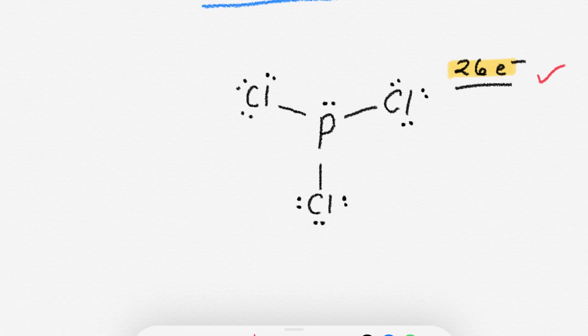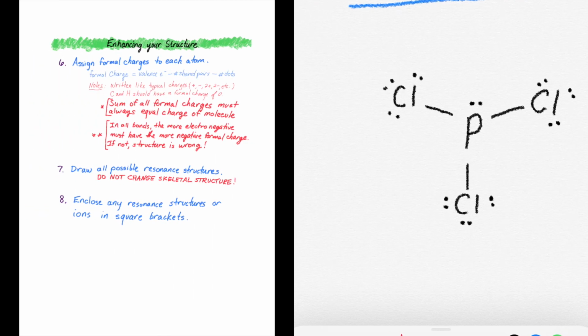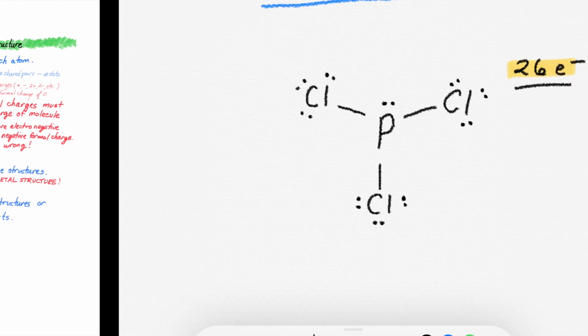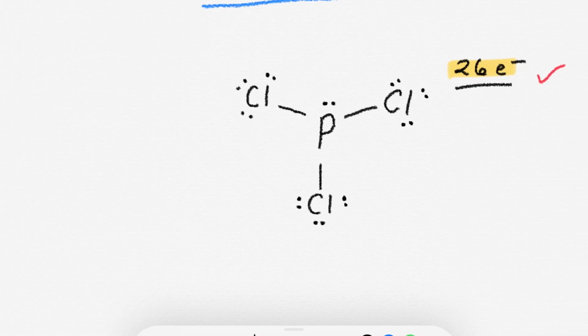Now that we are done with this, we can move on to our final steps. These final steps are technically optional. They may or may not be asked or requested on any particular problem. So to be clear, this is our official Lewis structure for phosphorus trichloride, but we could enhance it somewhat.